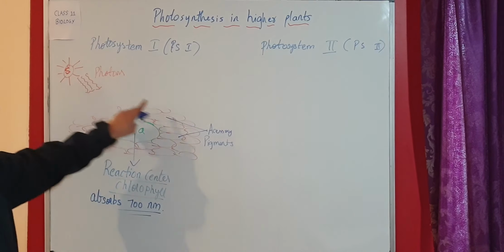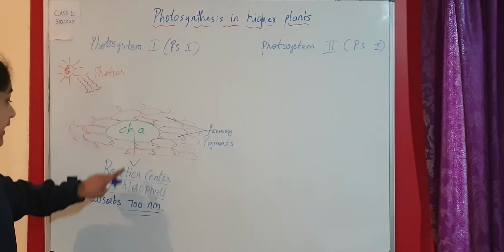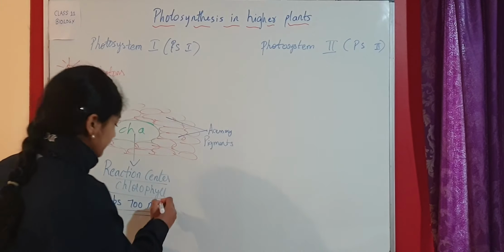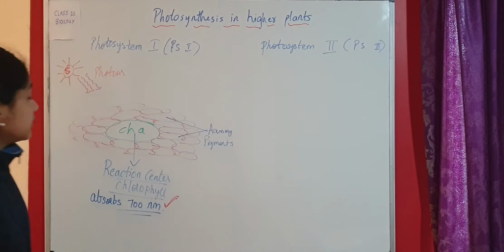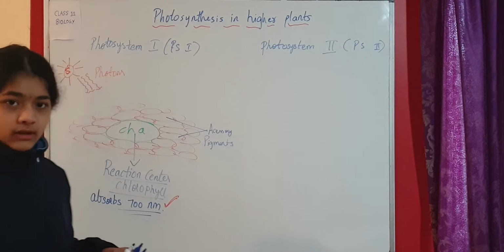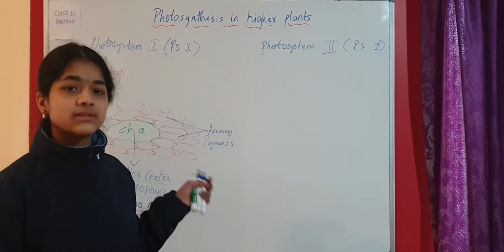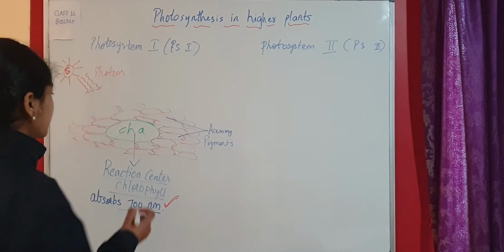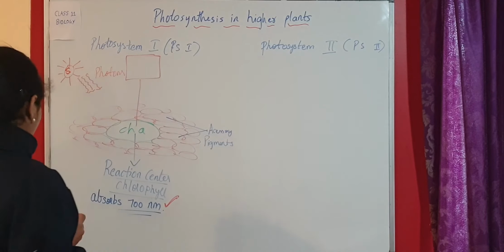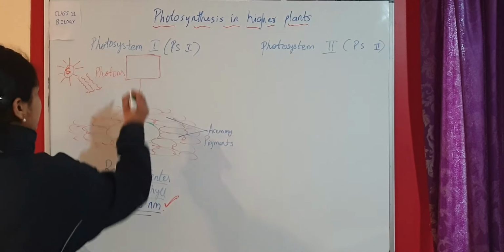This is photosystem 1, and here we have the reaction center chlorophyll, which absorbs 700 nanometer. This is very important. Because the photosystem is present in the living system itself, there is a primary electron acceptor which is going to accept the electrons.